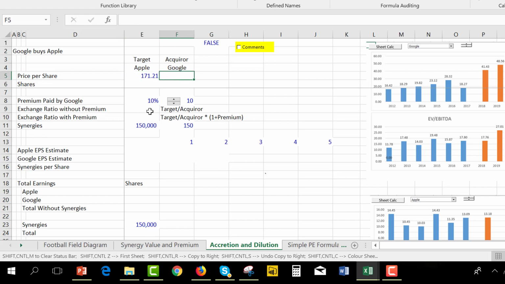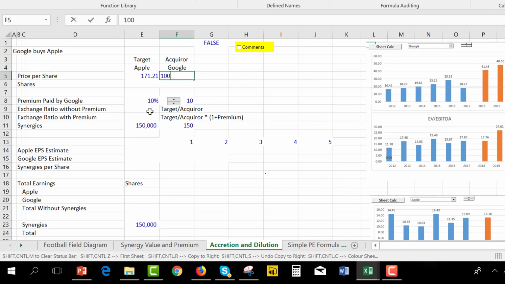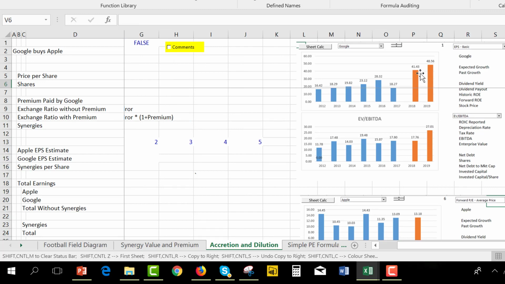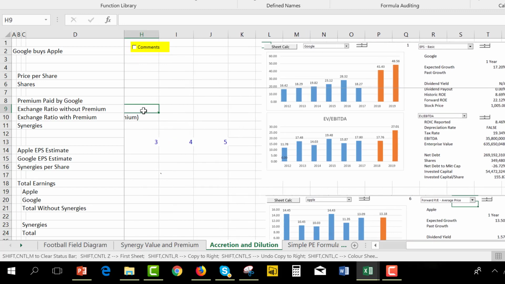And then we go and say, well, Google's stock price was over there, 1005. Much higher stock price. Doesn't mean anything really. We have to shift control 1 perhaps. And then Google had, let's find out how many shares they had. And I put the shares here somewhere. They had 349,480.